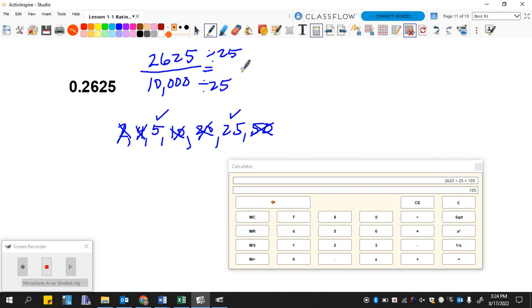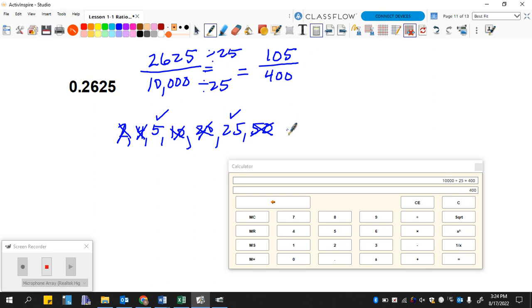When we did that over here, we discovered that this is 105 over 10,000 divided by 25, which is 400.